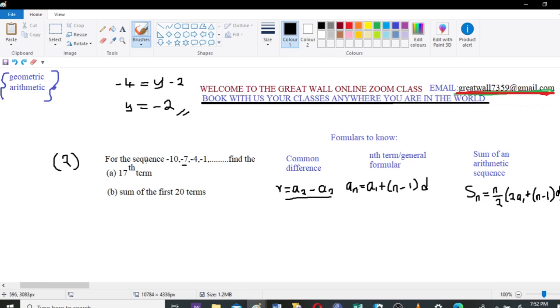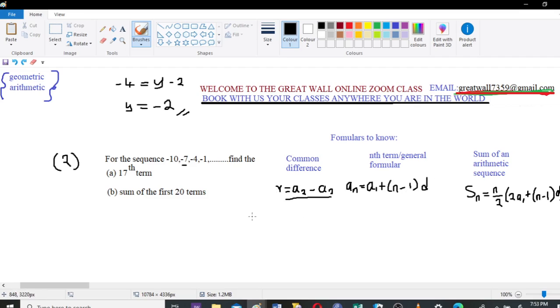In this case, the question says for the sequence -10, -7, -4, -1, and the sequence goes on, find the 17th term. Before we use any of these formulas here, we need to make sure we are using the right formula. So let's try to calculate the common difference.